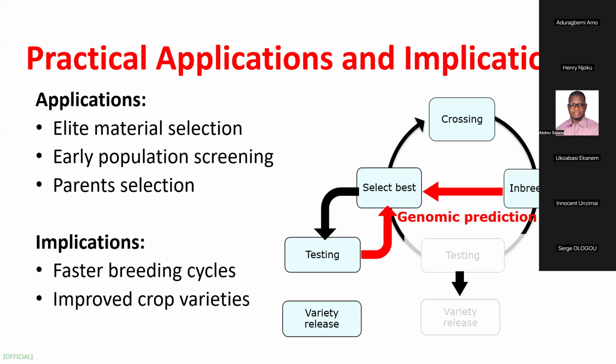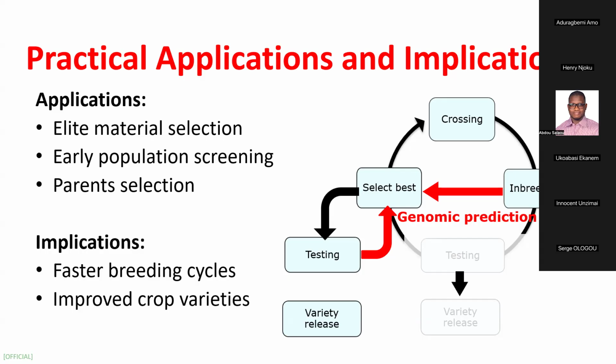If I want to select for yield, and I already have the 210 individuals with yield phenotype and genotype, and developed a prediction model, and I now have the genotype only from the new individuals, I'll be able to select them based on genomic estimated breeding value, based on their DNA. I don't need to wait until the plant grows in the field, matures, and then harvest. I don't need to wait.